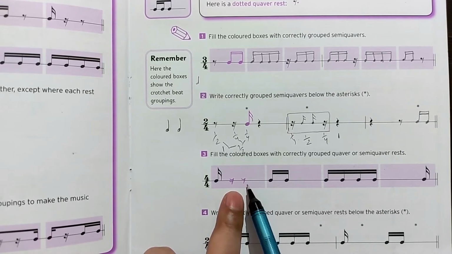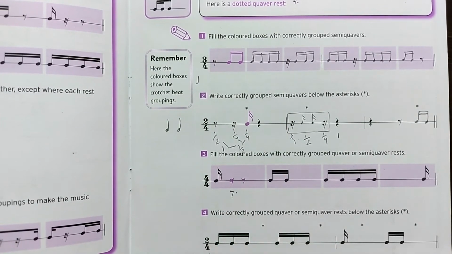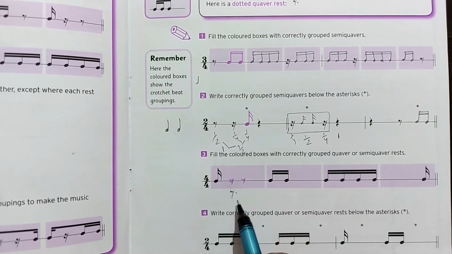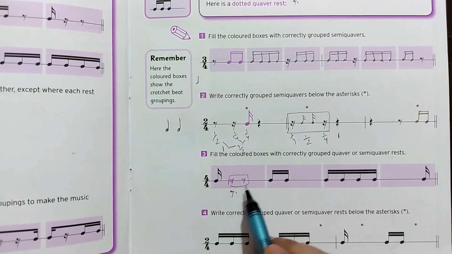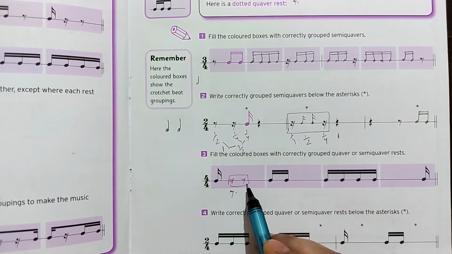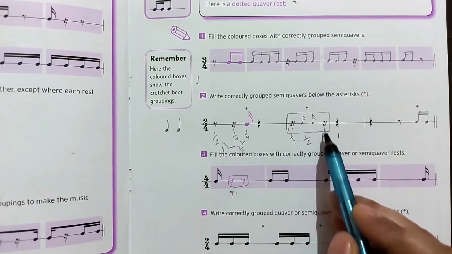They could have written this one and put a dot, because that completes the value, but they did not do that. First they completed this half semi-quaver group, and then they put the quaver rest here. So this is what I was talking about earlier. First you have to complete it and then you have to complete there.